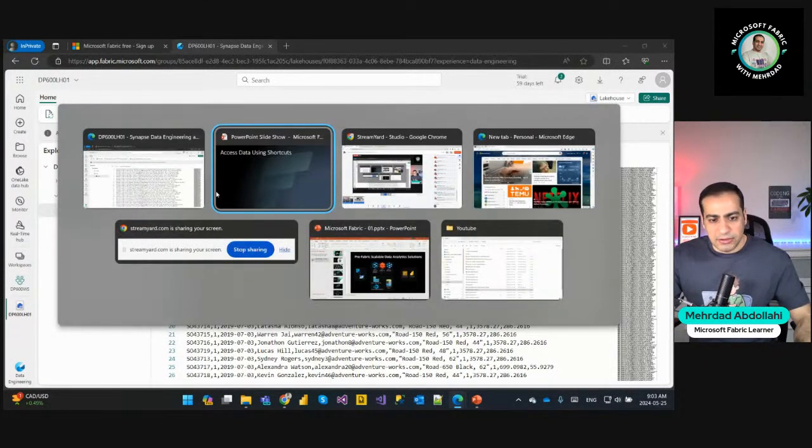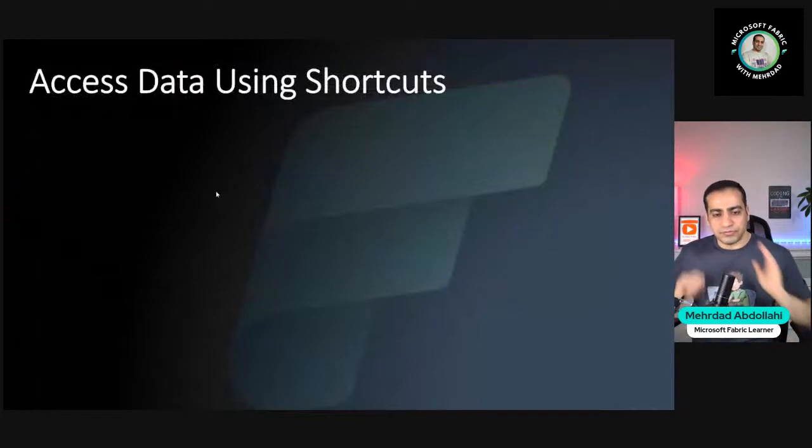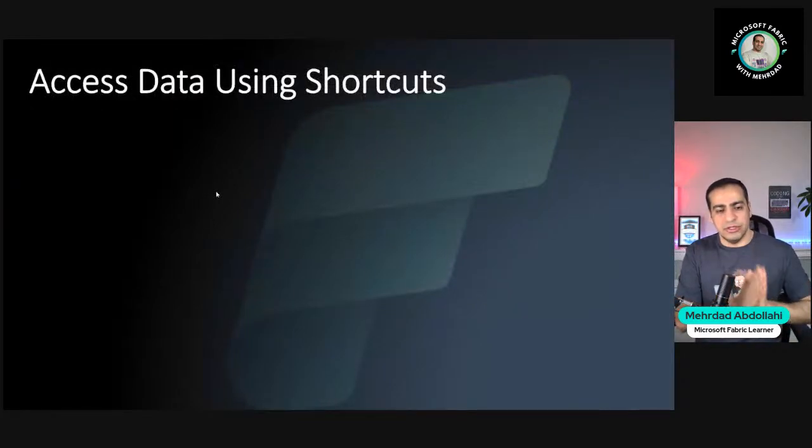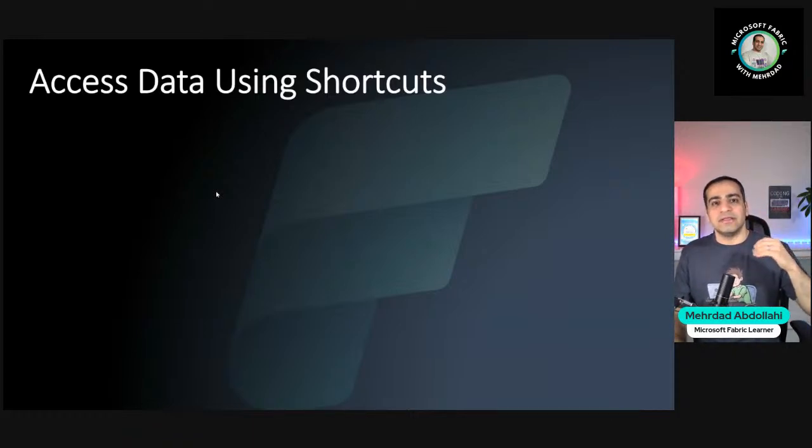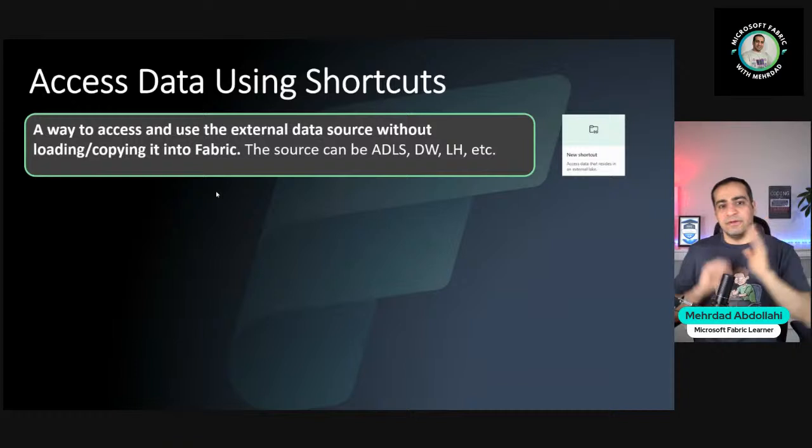So let's go back to our slide, which is about accessing the data using shortcuts. As we mentioned, in OneLake, in Lakehouse, we can utilize the data that is outside of Fabric, and we don't want to copy or load it for any reason.